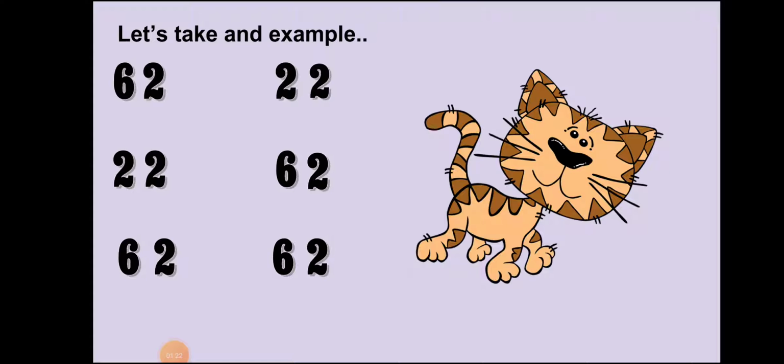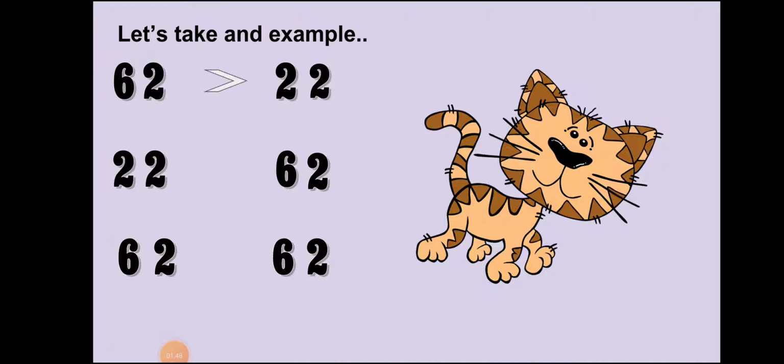Now let's take an example, students. Now you tell me, in 62 and 22 which number is bigger? Think, students. So here 62 is the bigger one. Okay, 62 is the bigger number.